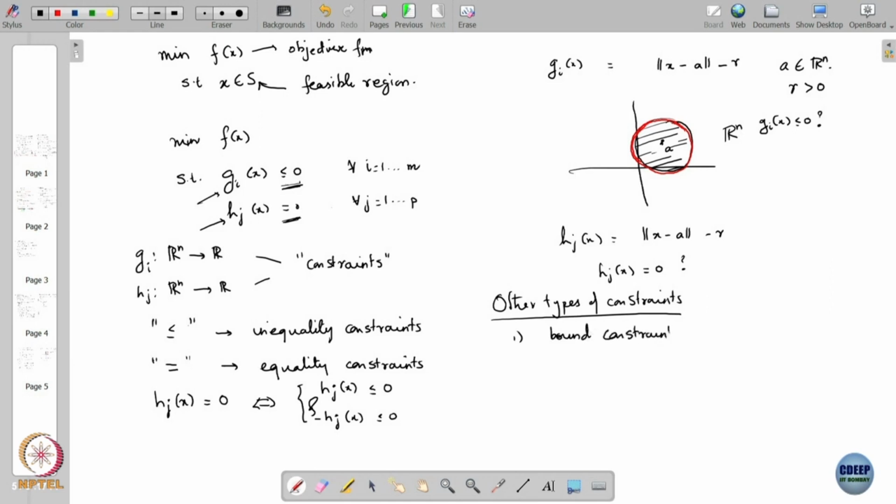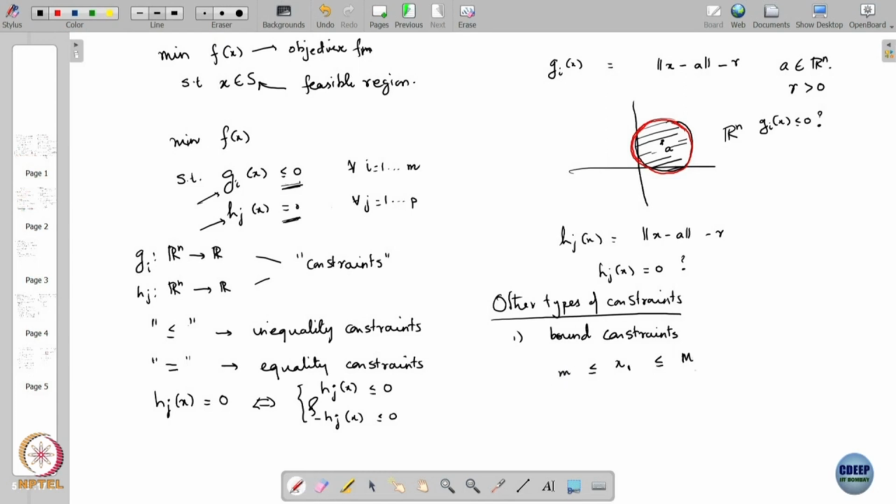Bound constraints means they just look at a specific variable, say x1, one variable, and specify bounds on that variable, saying that this variable cannot exceed a certain value capital M and cannot be less than a certain other value small m.